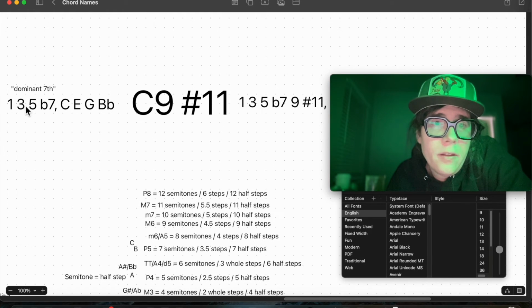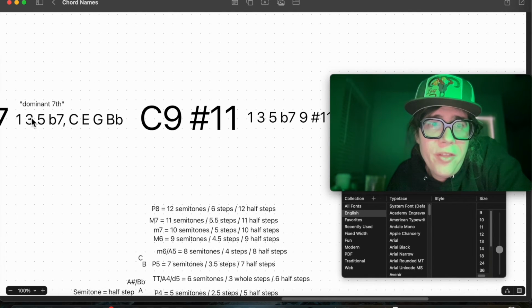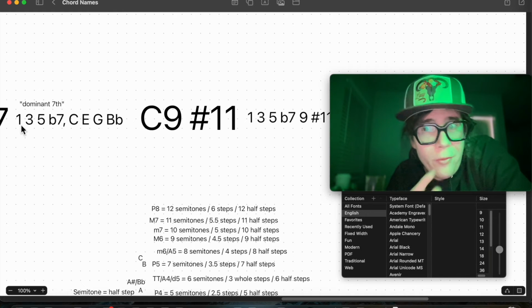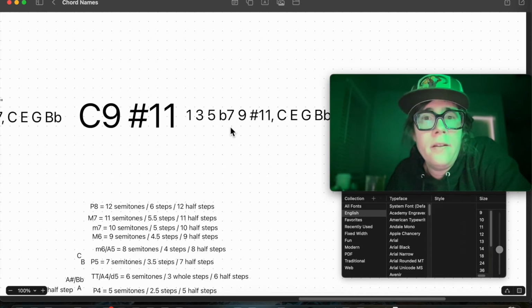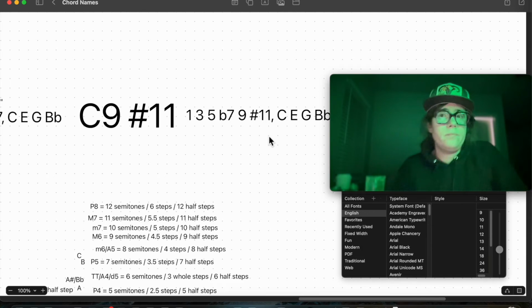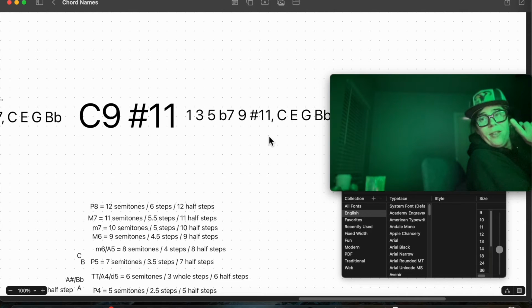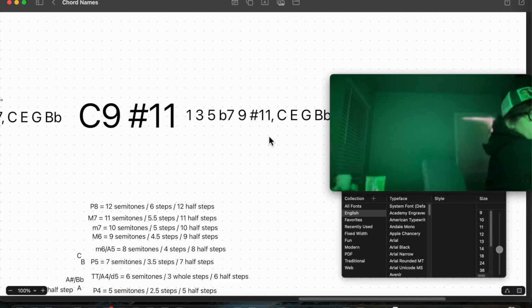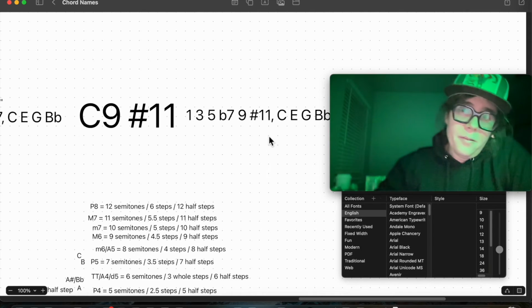What do we have? It was back here, right? We still have the dominant 7th chord. We still have 1, 3, 5, flat 7. And we have 9 and then sharp 11. Sounds like this. So here's our C major chord. Dominant 7th, the flat 7th. The 9th, sharp 11th. Pretty hip.